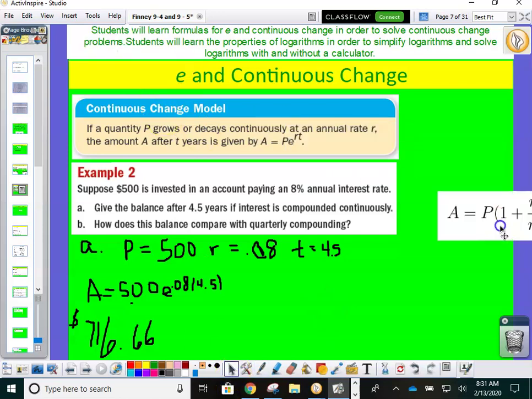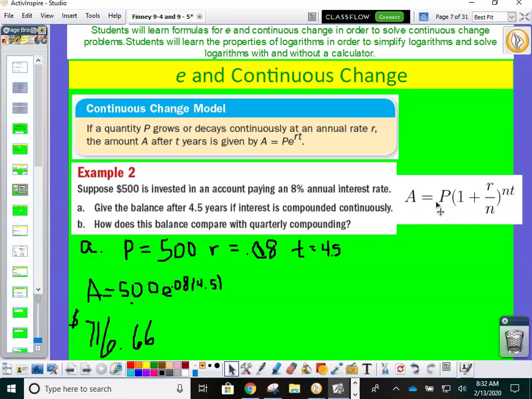And so I need to know what my various things are. Well, it says that the principal is going to be 500. So I'm going to have A equals, so this is for letter B, A equals 500 parentheses 1 plus the interest rate, which is 0.08, and it says it's compounded quarterly.